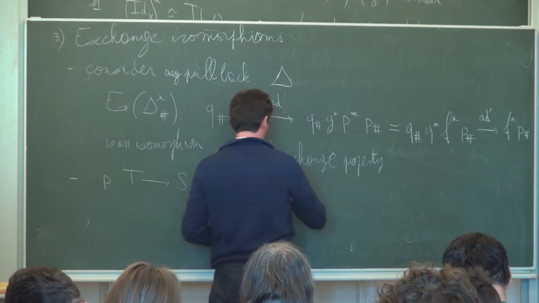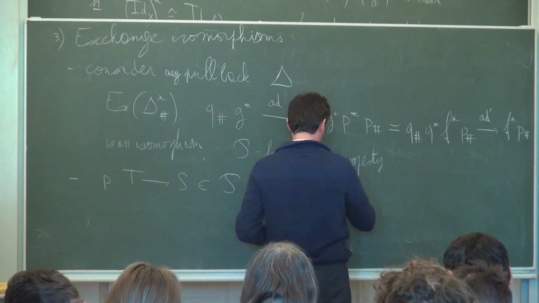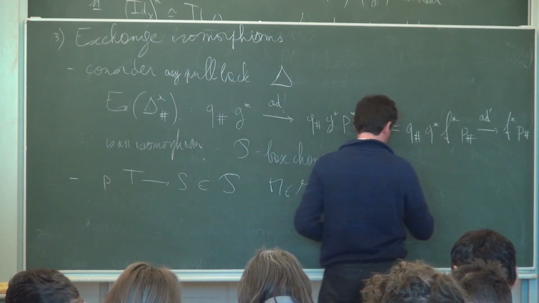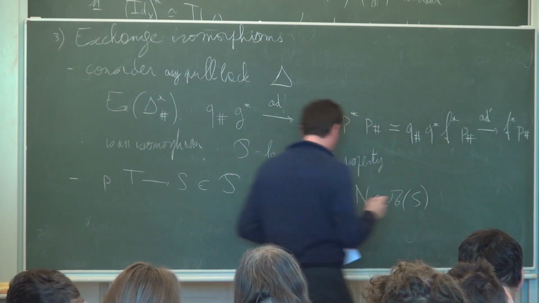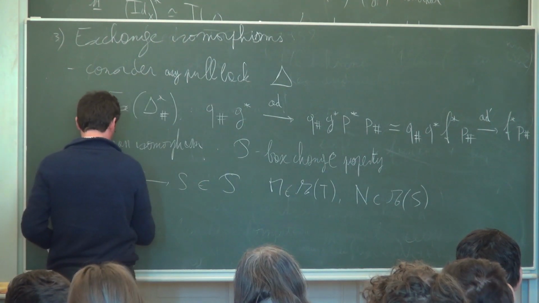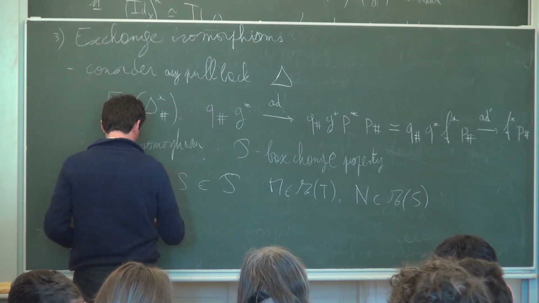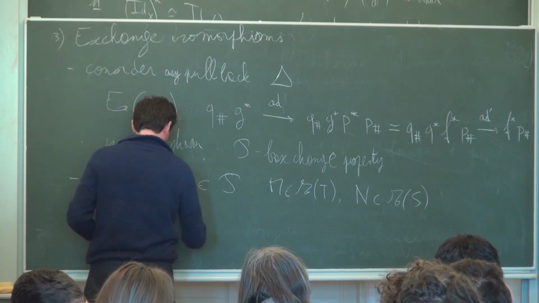You take M an object of M(T), N an object of M(S). Then you have another exchange transformation, which is denoted Ex^{♯,*}_⊗.